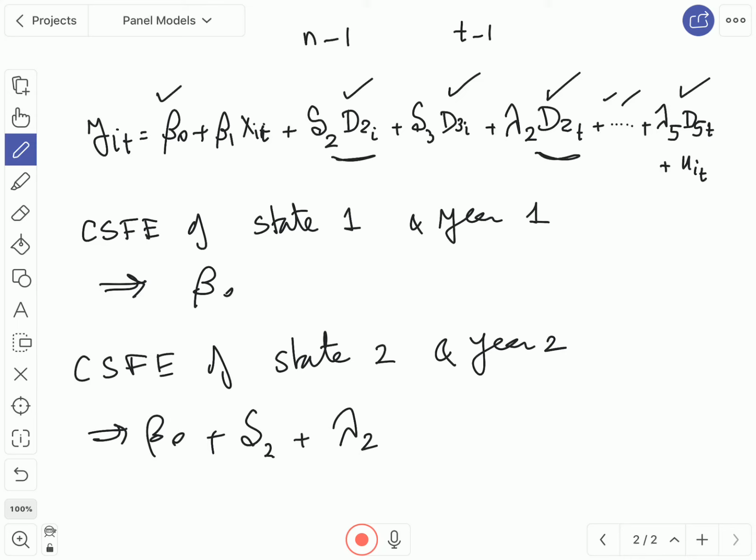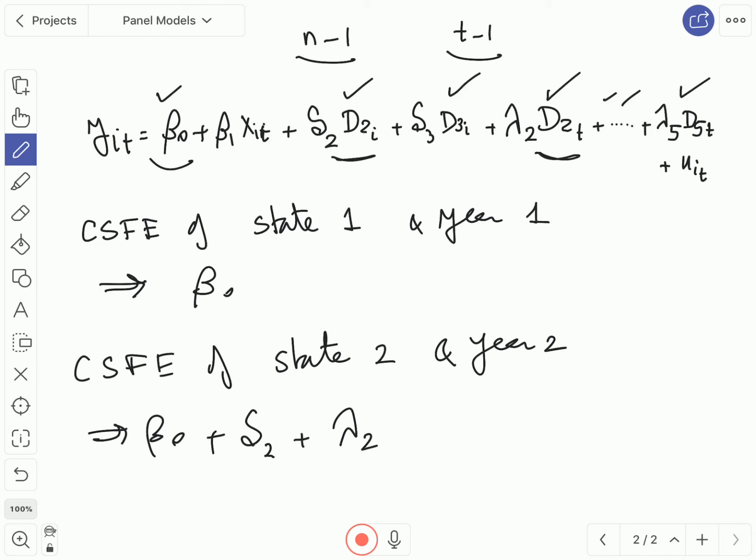And remember, this is a way of adding a dummy, which is n minus 1, t minus 1, and an intercept. Okay, you can actually add a dummy for the first year and the first state, but in that situation we have to remove the intercept.